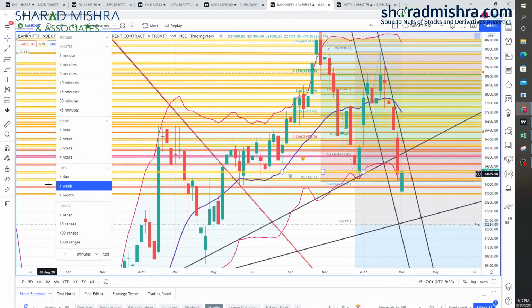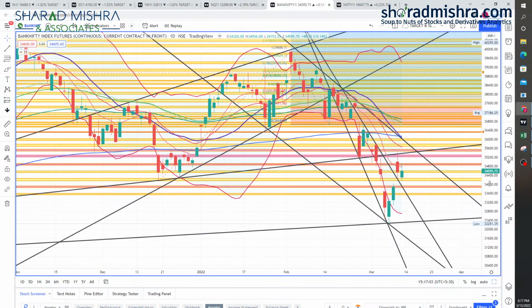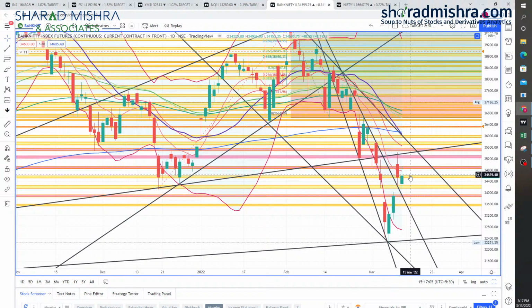So if you look at daily charts, the falling 10-day EMA is acting as a resistance here, and this resistance zone is somewhere around 34,800, meaning 35,000. At 35,000, FIs are also holding decent long puts. If you look at the weekly option chain at 35,000, the PCR is 0.36 only.